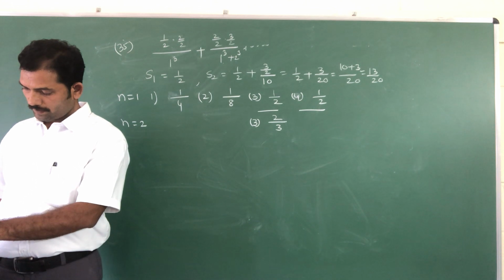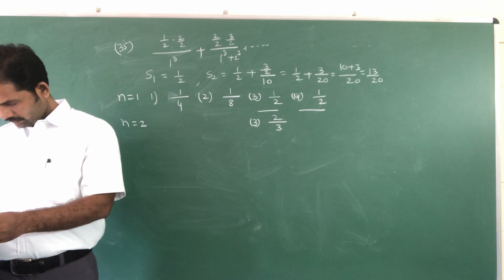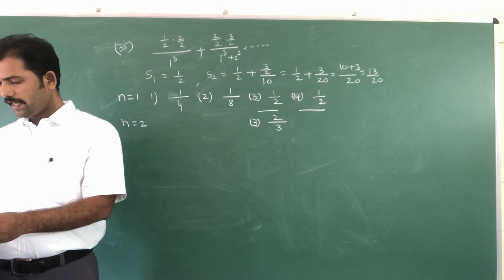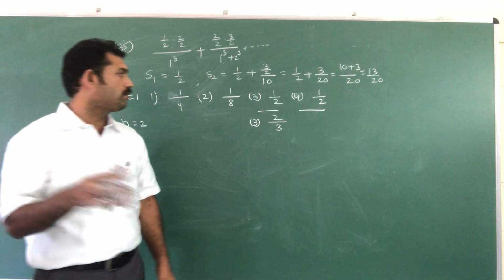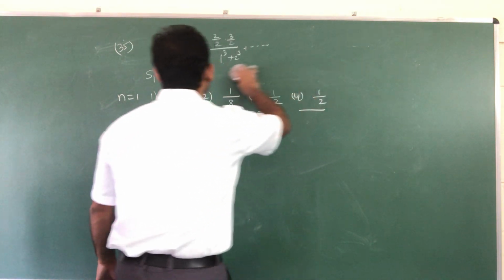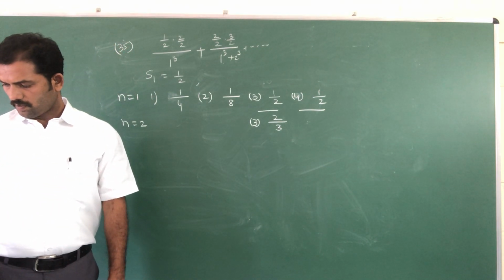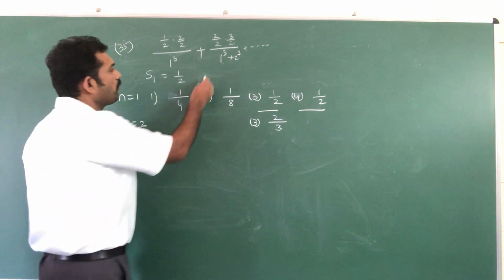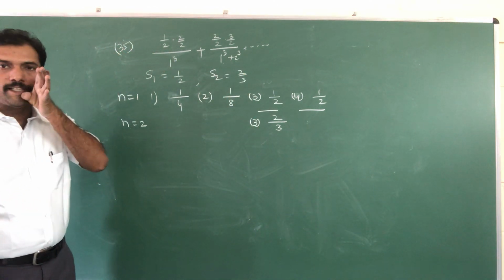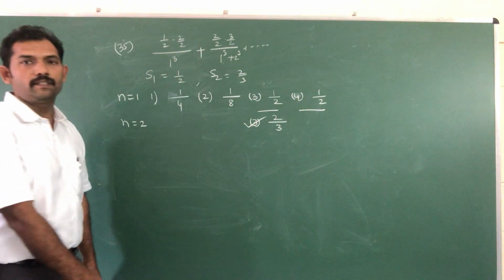With n equal to 2 we are getting the correct answer, so S2 may be wrong; S2 is 2 by 3 only, not that lengthy. So option 3 is correct.